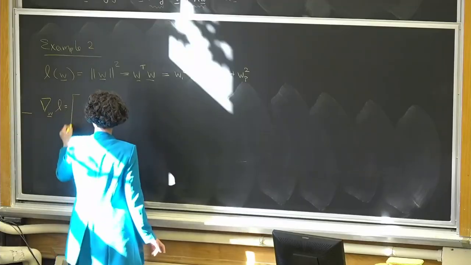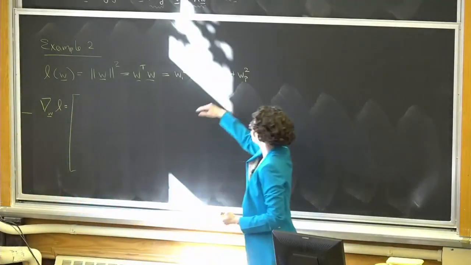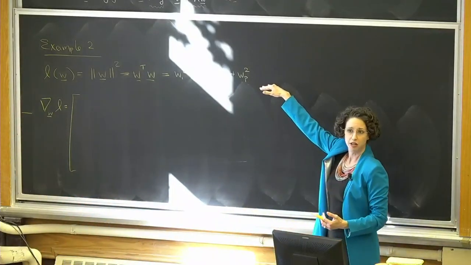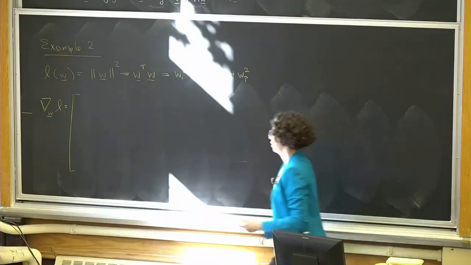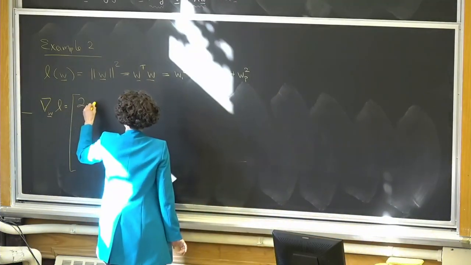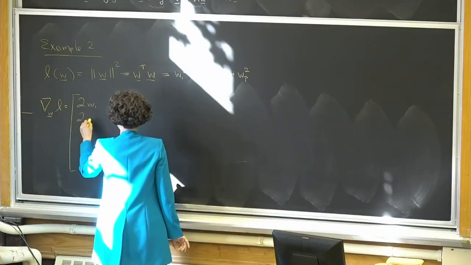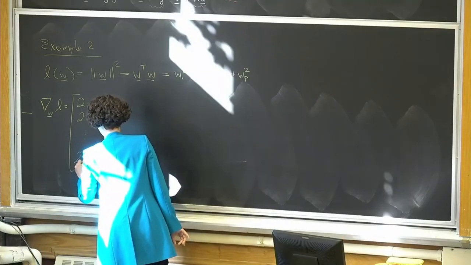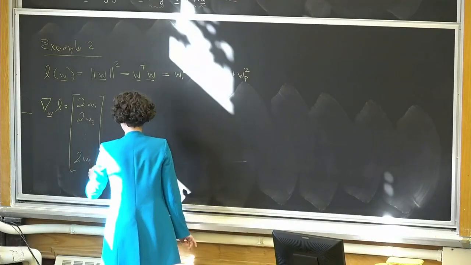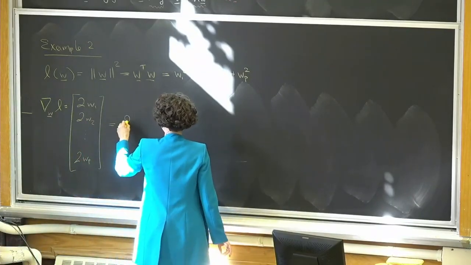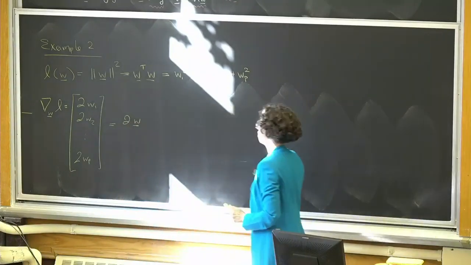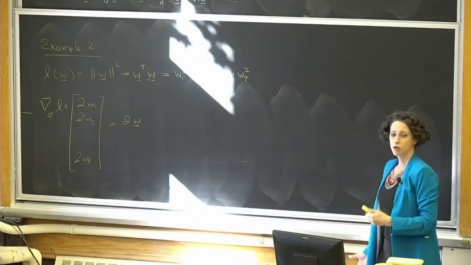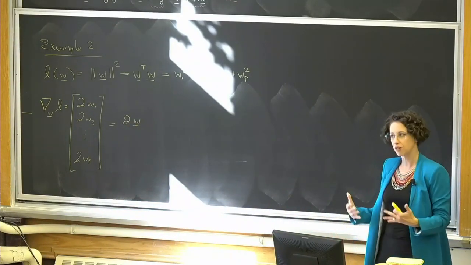And so now if I wanted to compute the gradient of this loss with respect to W, first I compute the derivative with respect to W1, and what do I get? 2W1, and then 2W2, all the way to 2WP. And so this is simply 2 times my original weight vector.